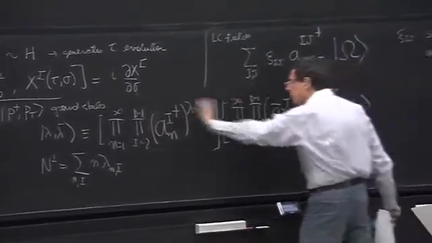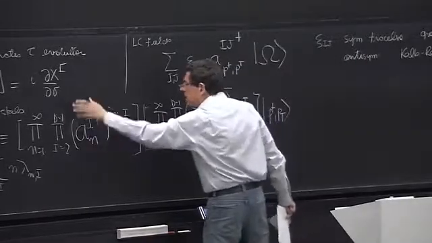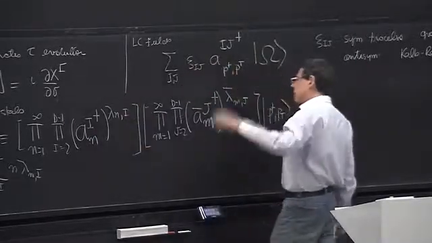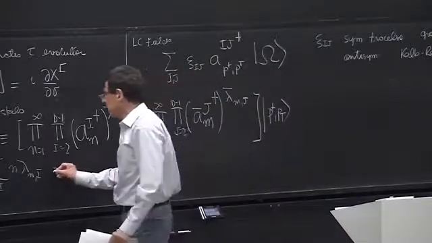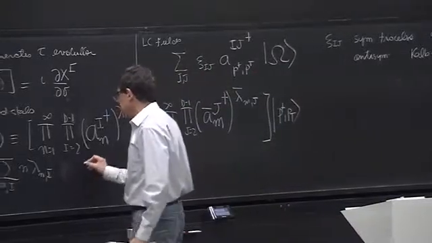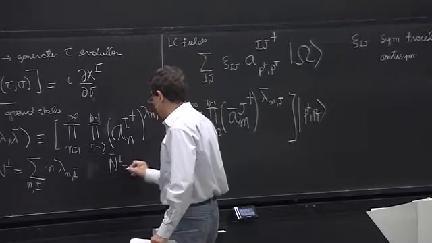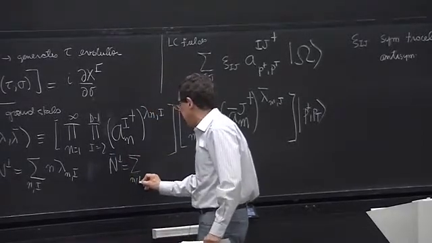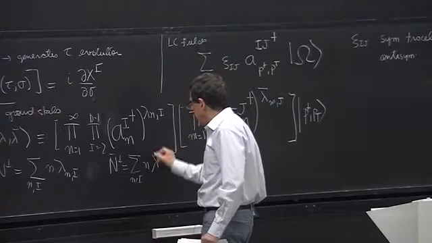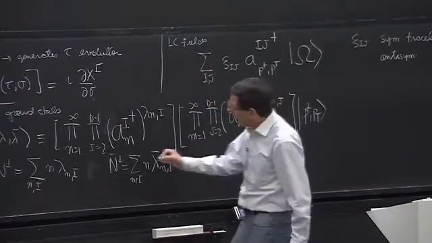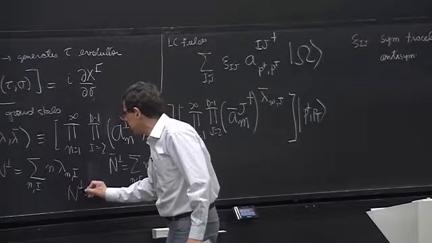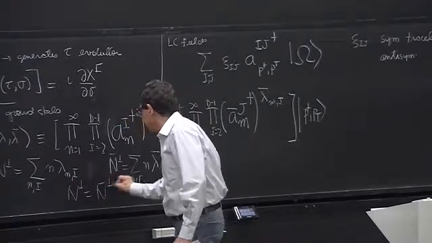But the total number from these right-moving oscillators must be equal to the total number from the left-moving oscillators. So this must be equal. Well, I'll write N-bar perp is the sum over n and i again, n lambda-bar_n^i. I don't have to use j's there. And of course, these two numbers must be the same.